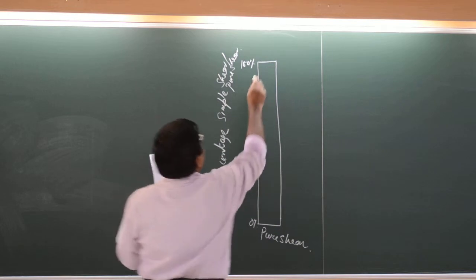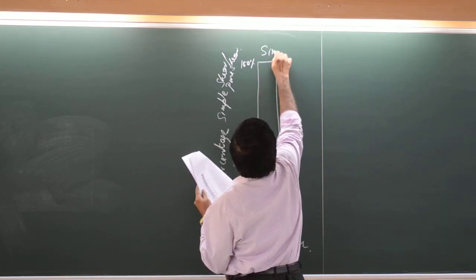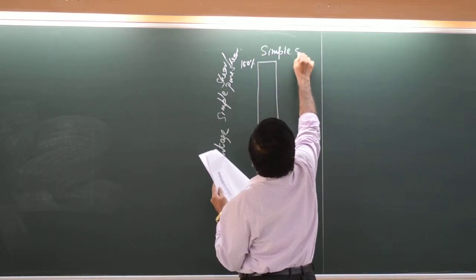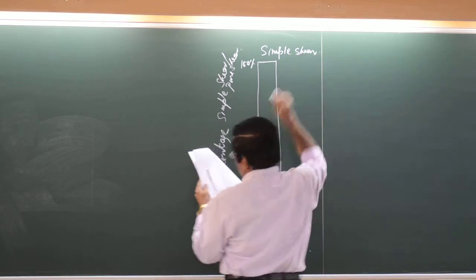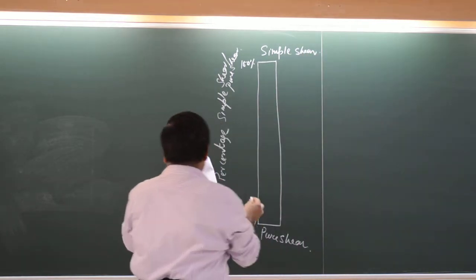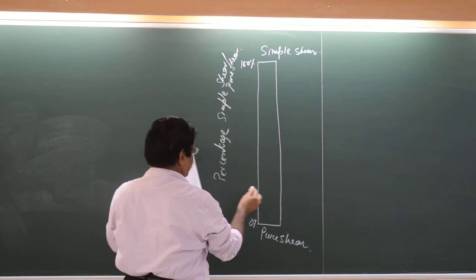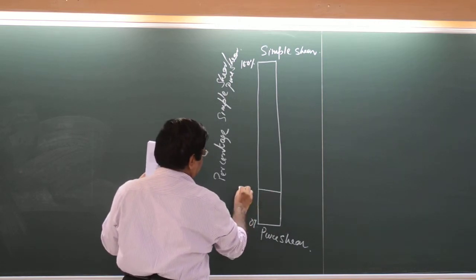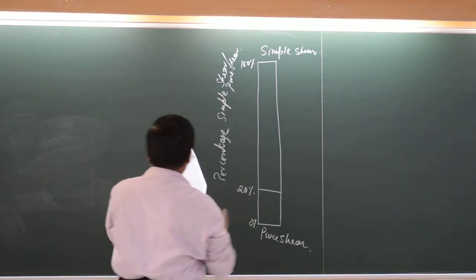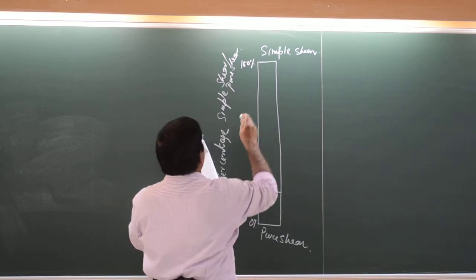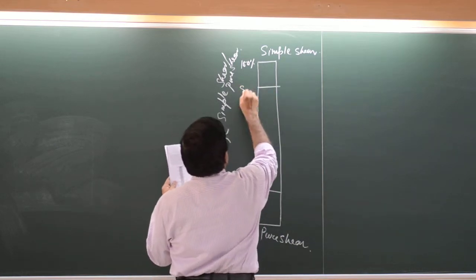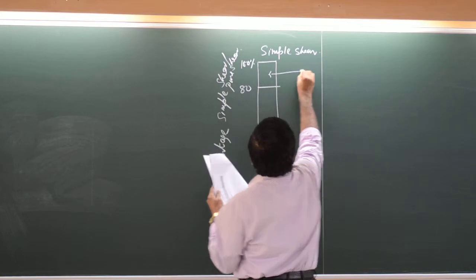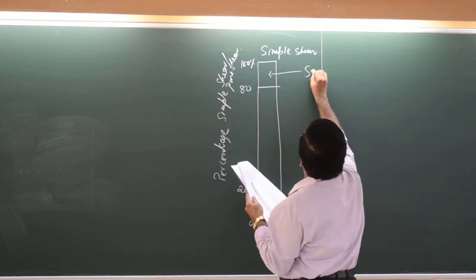This is the simple shear end. Up to 20%, and this is 80%. This field is simple shear dominated.